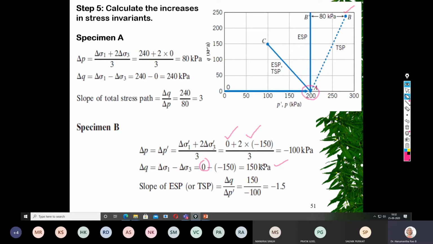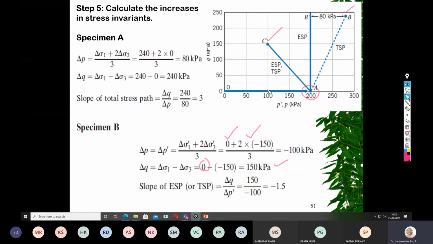So now try to identify the another point. Initially the sample is at 200 kilopascal, but now delta P, that is one stress variant, is reduced from 200 to minus 100. So 200 minus 100, the net will become 100 delta P, and delta Q is 150.